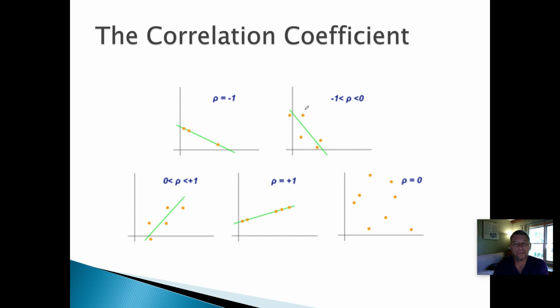Now, the 2 graphs on the top of this page both indicate a negative correlation coefficient. In both of these cases, notice that the slope of the line is negative. As the value of x increases, the value of y decreases. The difference between these 2 graphs is that the one on the left has all 3 data points exactly on the same line.